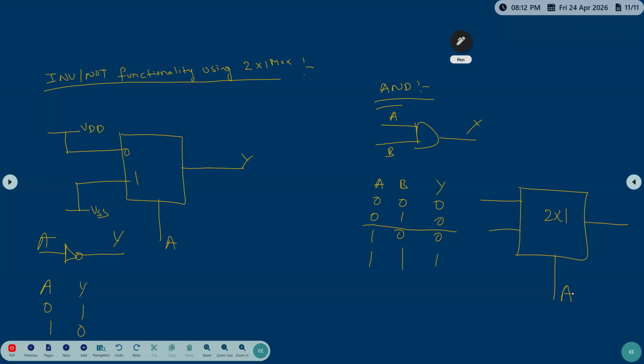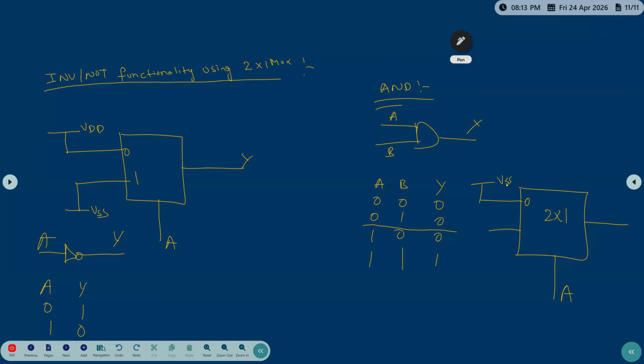What is the second statement of the AND gate? If any one of the inputs is 0, the output is 0. No need to check for the other input, right? If A is 0, what is the output? Output is 0, right? So what do I need to connect? VSS.